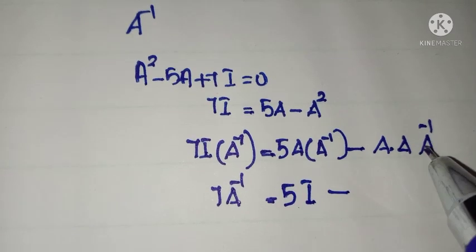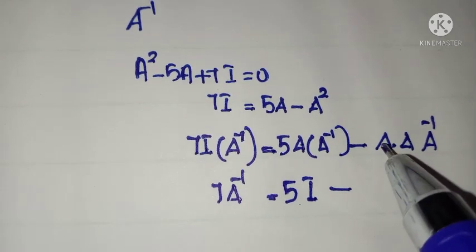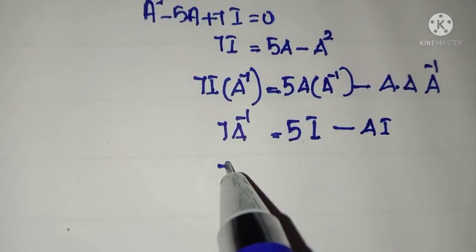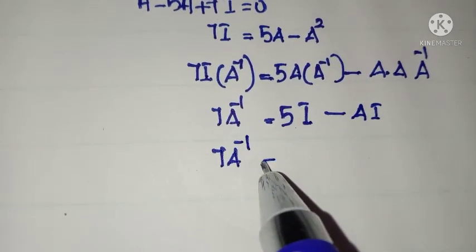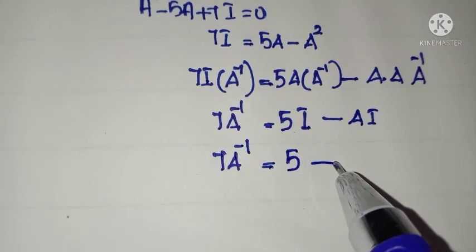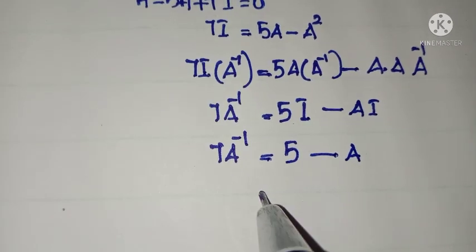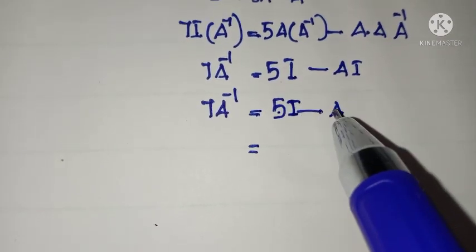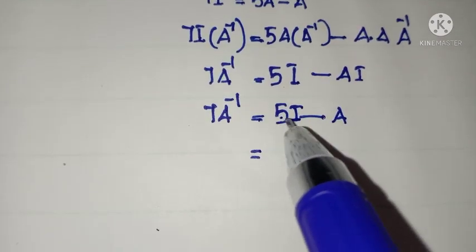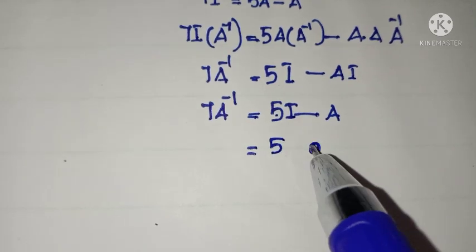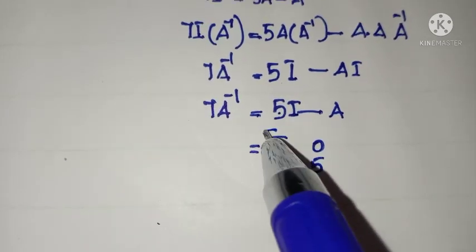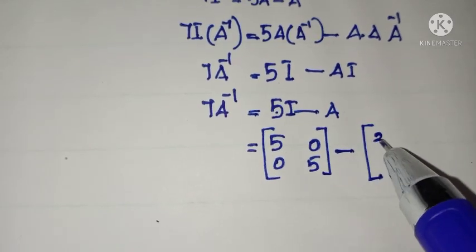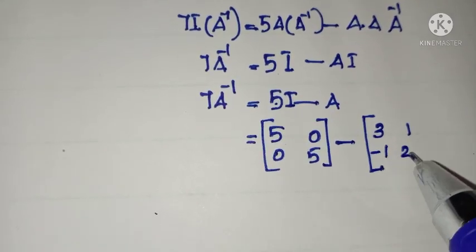Here A into A inverse is I. A into identity matrix is A. So this can be written as 7 into A inverse equal to 5I minus A. Now what is the matrix 5I? That is 5, 0, 0, 5. Now what is A? A is the matrix 3, 1, minus 1, 2.